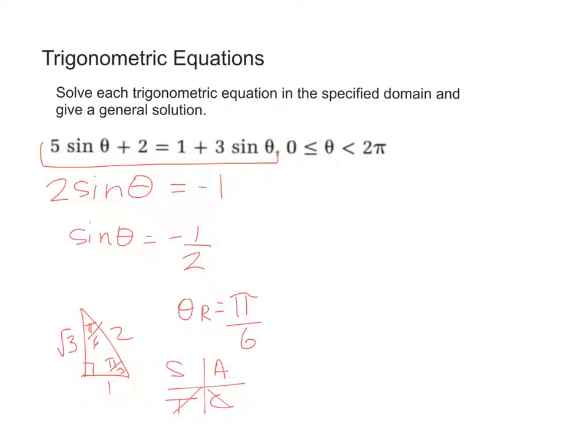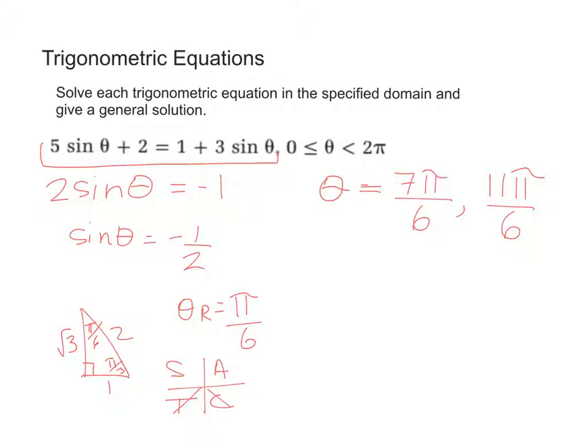And so then the angle that we're looking for in there, these are sixths. I didn't draw them very accurately, but we know that all the way around to pi would be 6 sixths. So this one must be 7 pi over 6. And what's the other one? 11 pi over 6. Those are the answers in the specified domain. So between 0 and 2 pi, we have 7 pi over 6 and 11 pi over 6.